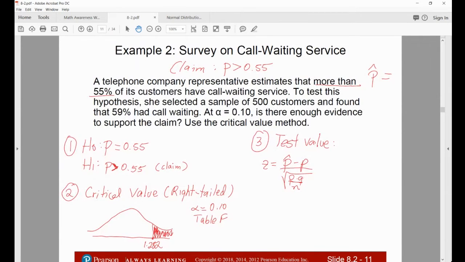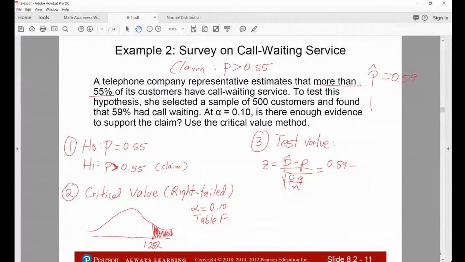What's the proportion in the sample of customers that have call waiting service? 0.59, because 59% of customers in the sample have call waiting service. So in decimals, that's 0.59. So this is the value for p hat, 0.59.